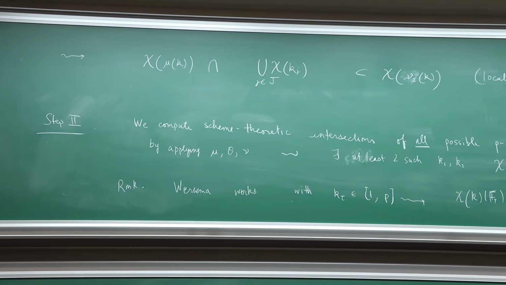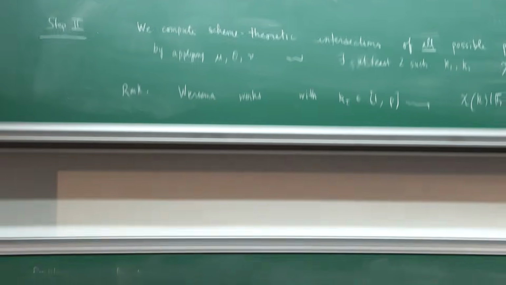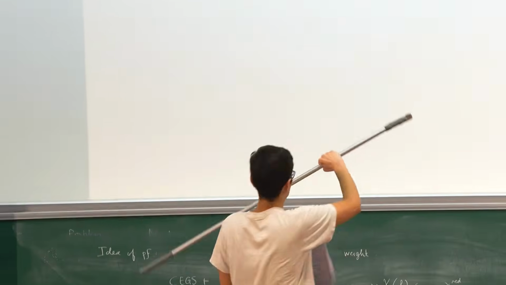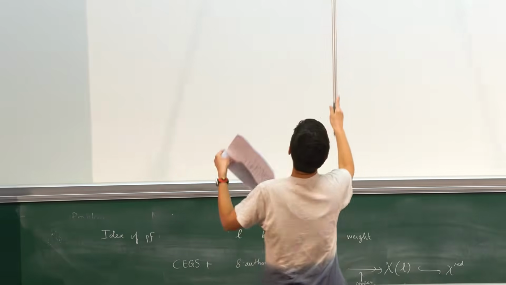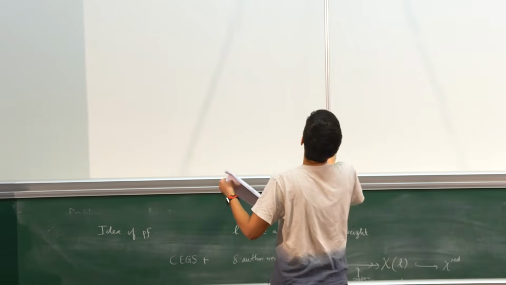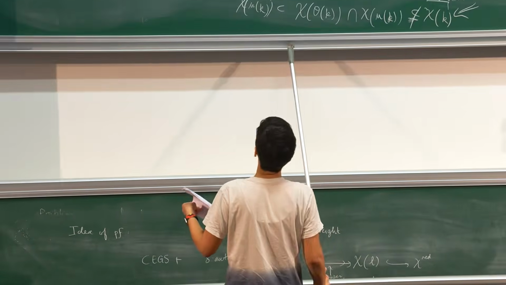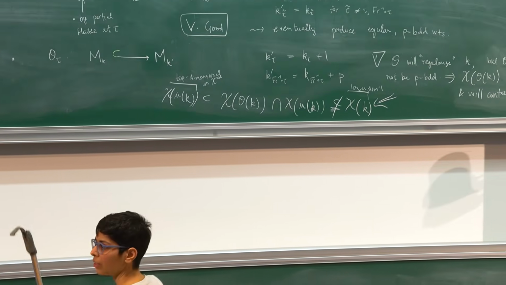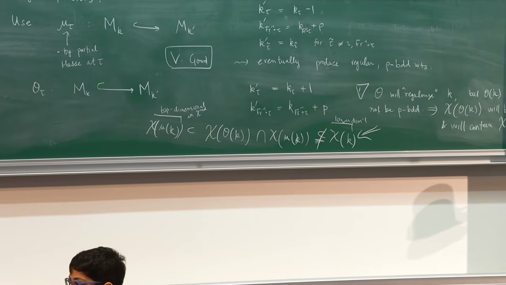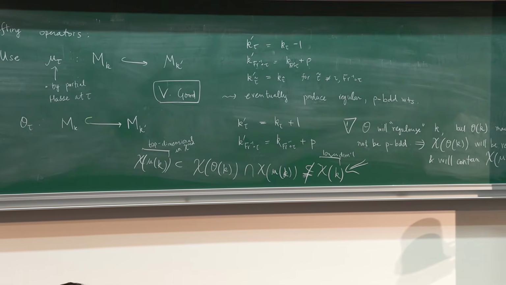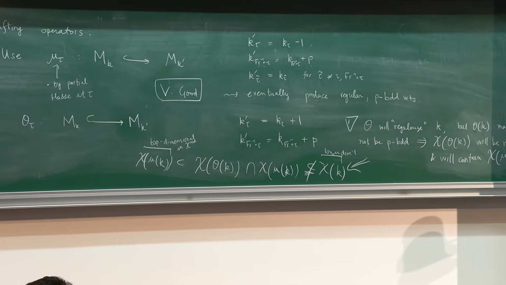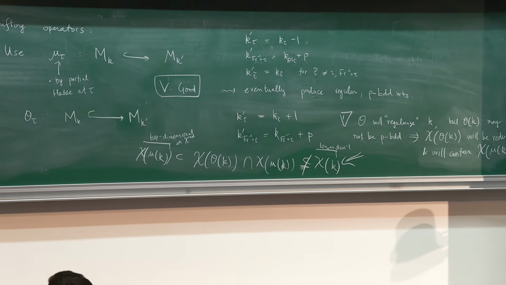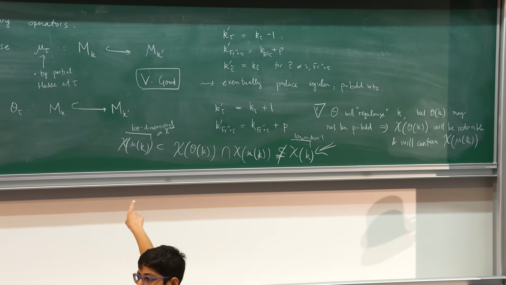On the spectral side, you also have an inclusion of Xk1 into Xk2. That's right. Yes, you do have an inclusion of Xk into Xk prime correspondingly.